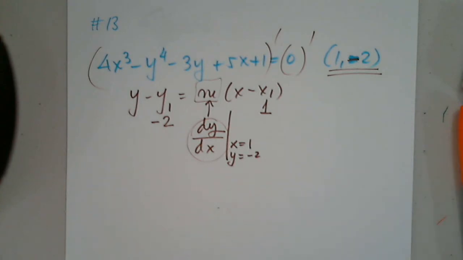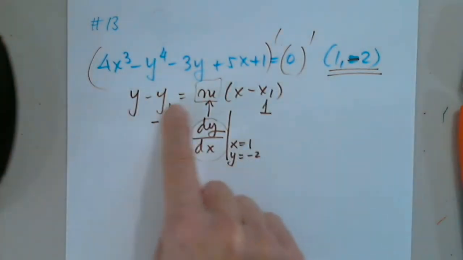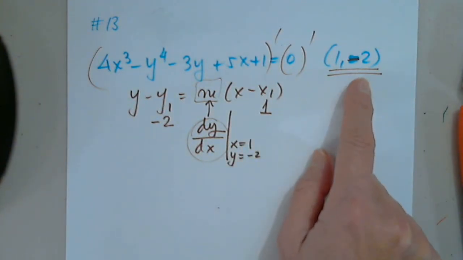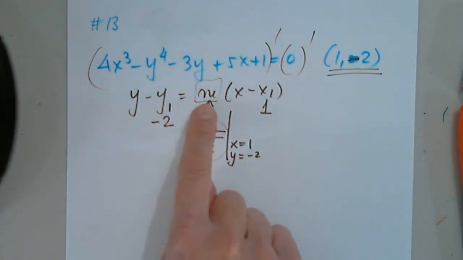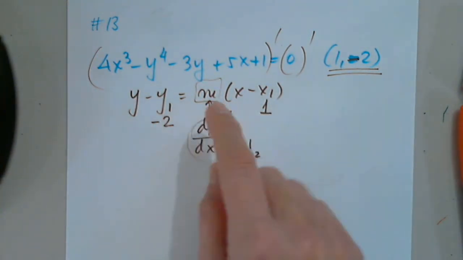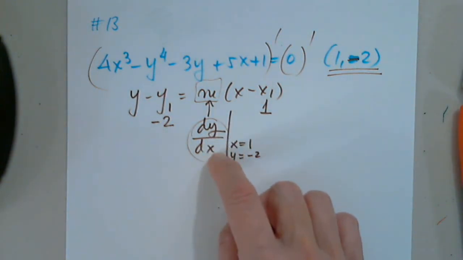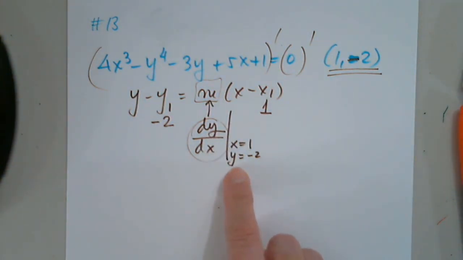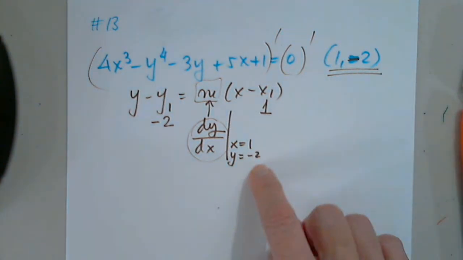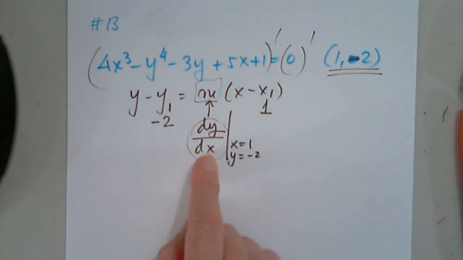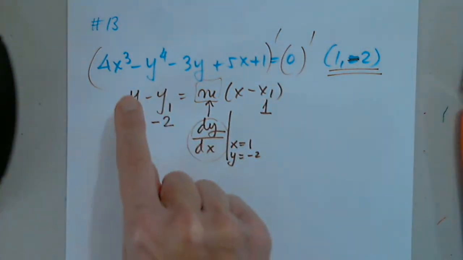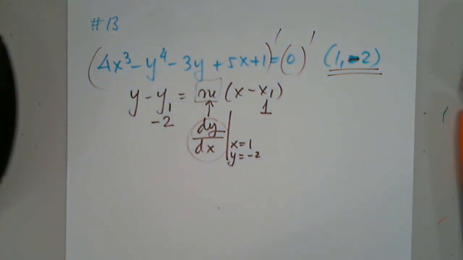Should I repeat the steps? Any questions on the steps? Yes, please. So we know the equation of the line given a point, right? Right. So I plugged in the point, but I'm missing the slope. The slope is the same as dy over dx, and it will be evaluated when x is 1 and when y is negative 2. In order to determine dy over dx, I will differentiate implicitly, both sides.